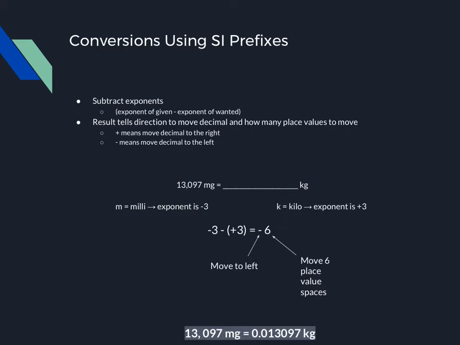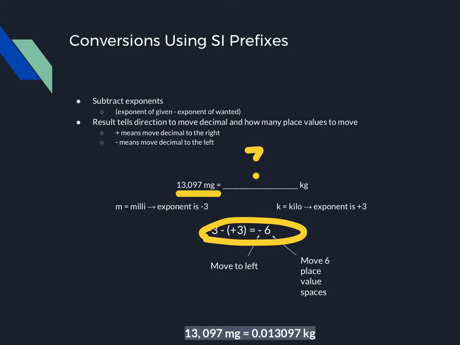So for example, if I have 13,097 milligrams and I want to get it into kilograms, I'm not sure how many that is, I know the exponent for milli is -3, the exponent for kilo is +3, so if I subtract those, -3 minus a +3, I get -6 right here. The negative part of my answer says move it to the left.